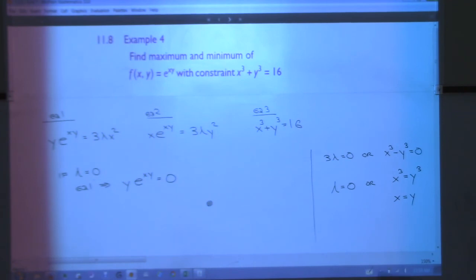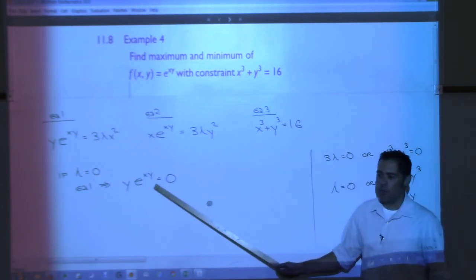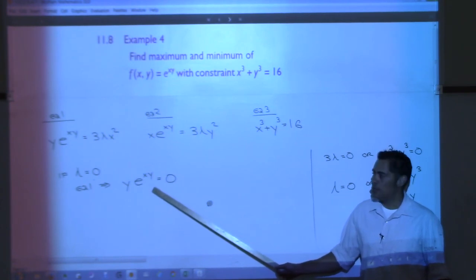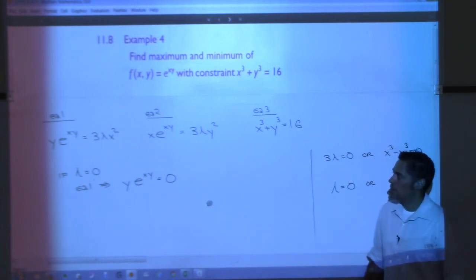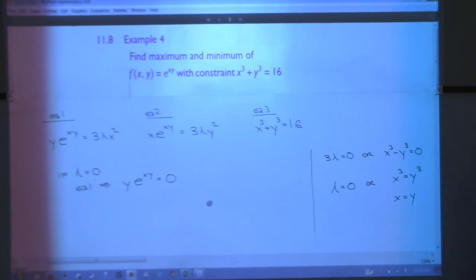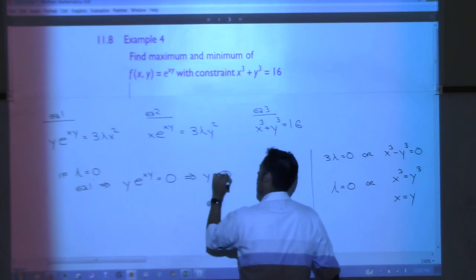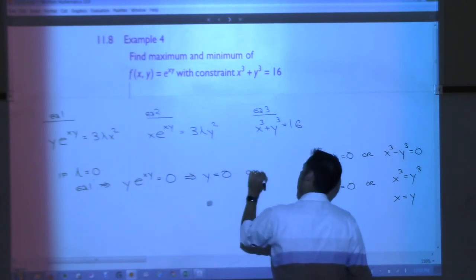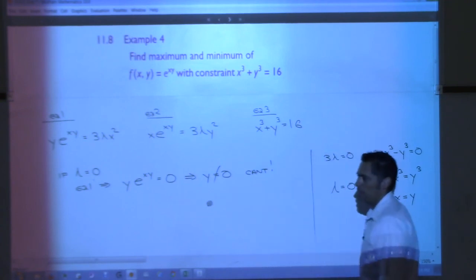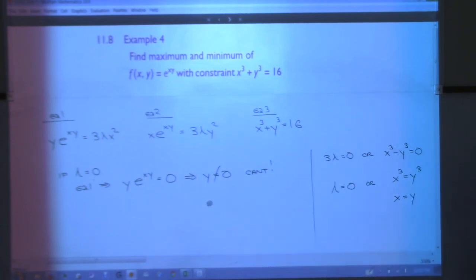Because that's how we found this, right? We said, remember, don't let x be 0, don't let y be 0. And then the conclusion we're drawing is that this is only going to work if y is 0, right? So what does that mean? Lambda can't be 0. Lambda being 0 doesn't work because we have to contradict ourselves. Understand? So this implies that y must be 0, but we can't, right? Can't let y be 0. This is all within the framework that x and y are both non-zero. So I'm going to chunk this. I don't need to worry about it.